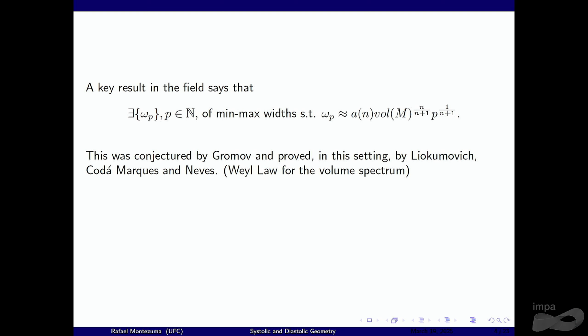You do the min-max in the class of p sweepouts, and you get different numbers omega p, and they have this very nice behavior. In this setting, as mentioned in other talks, this was conjectured by Gromov and proved by Liokumovich, Marques, and Neves.